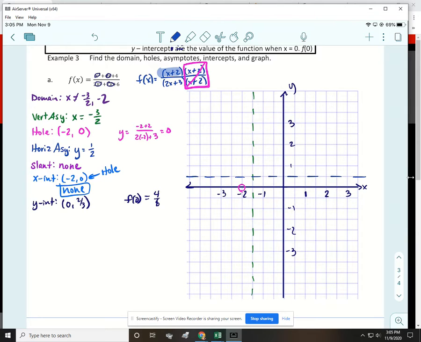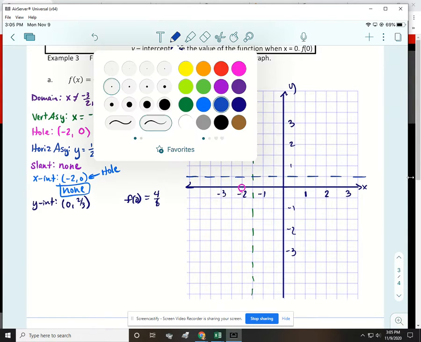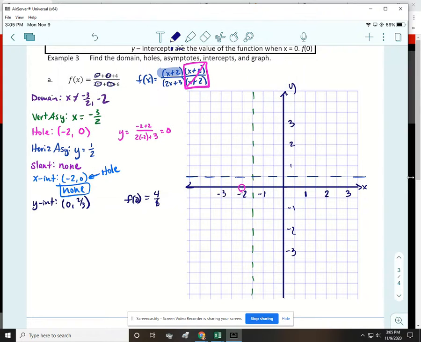Okay, now this one, the only place that it's on the x-axis is at that hole. And then we cross the y-axis at 2/3. So 2/3 is going to be between 1 and 1/2. So we'll say it's about right there. All right, now I want to get a better graph.